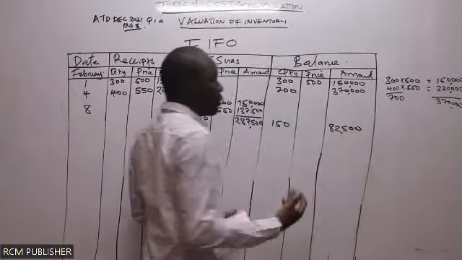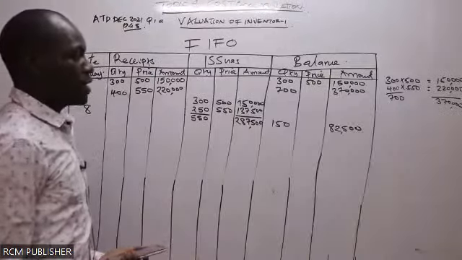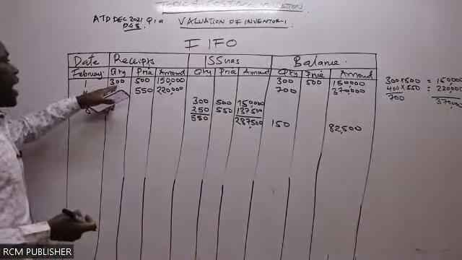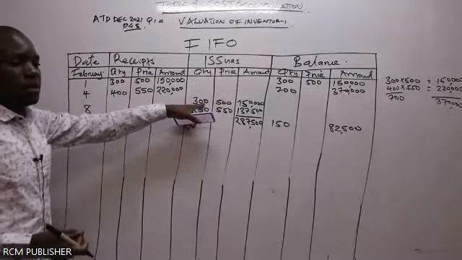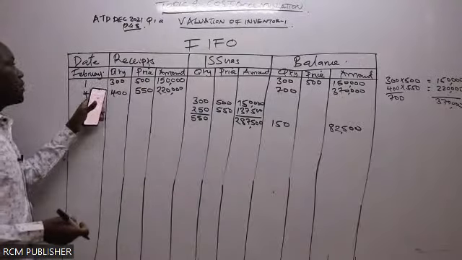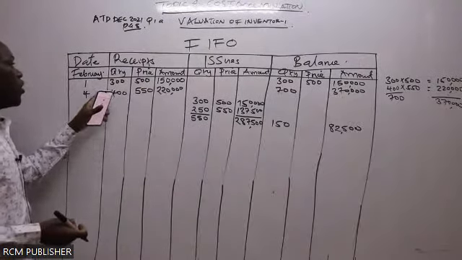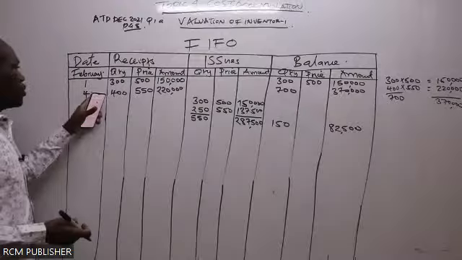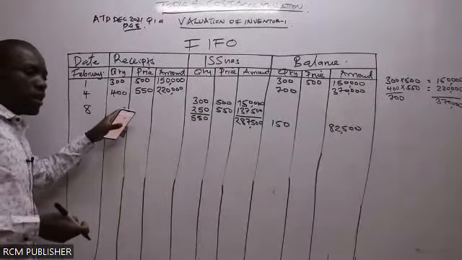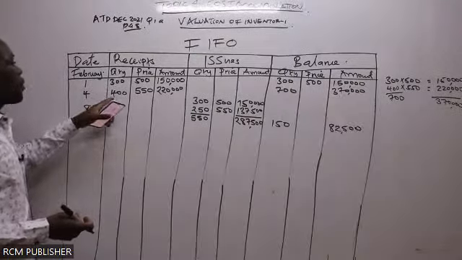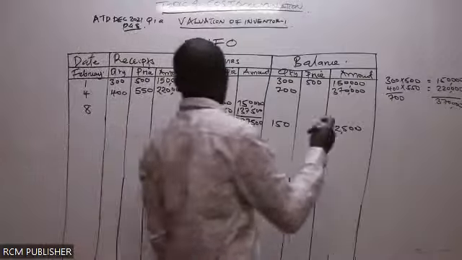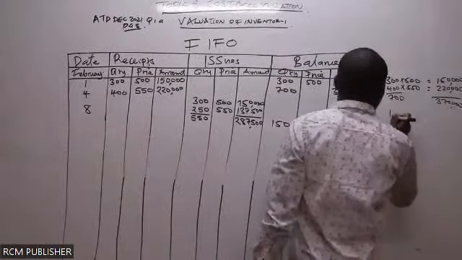Can we prove that it is 82,500? Yes. This 300, I've removed all of it. It has been taken away. So any stock that will be remaining here is this batch, the one that was brought in on 4th. These ones that were brought in on 4th, I've taken away 250. So whatever is remaining is 150. And they were brought in at what price? At 550. Can you take your 150?